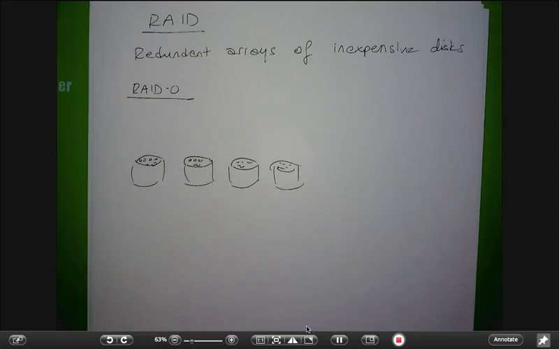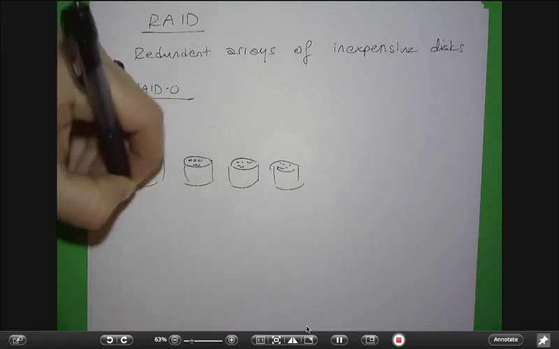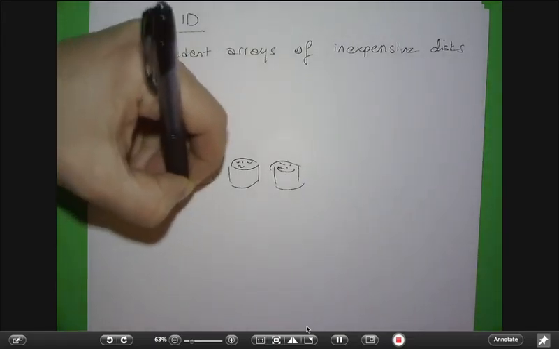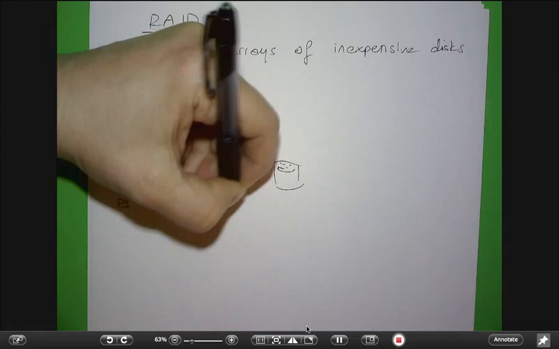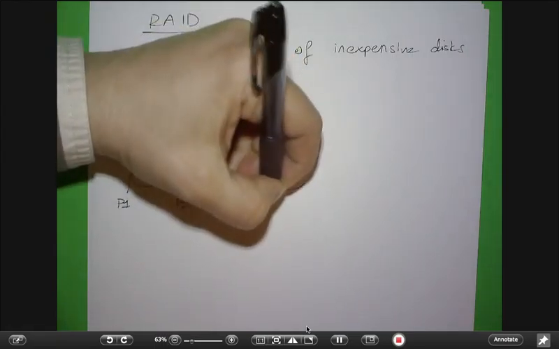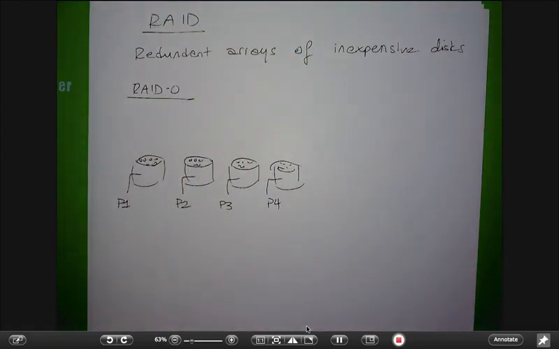If you have 4 disks, what you can do is take your data pages and distribute them to these. You store page 1 on this disk, page 2 on this disk, page 3 on this disk, and page 4 on this disk. If you need to read these first 4 pages, you can read one from each disk in parallel.